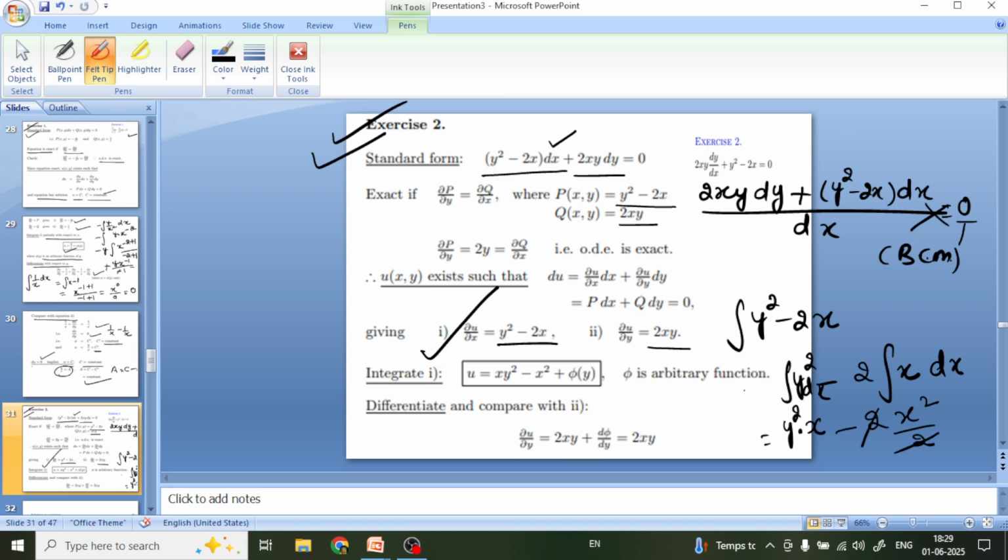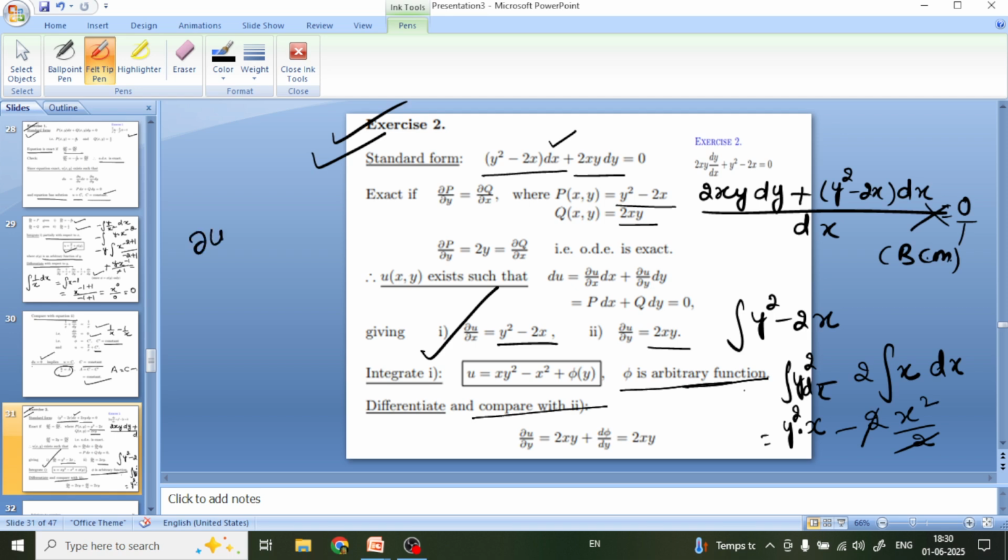You have to write that phi is an arbitrary function, and now you have to compare this answer with the second equation by differentiating it. The derivative of u with respect to y is equal to 2xy plus d over dy of phi, and this equals 2xy.